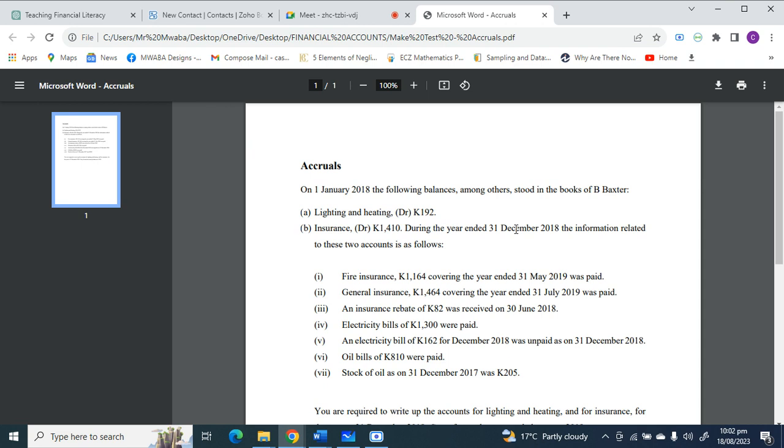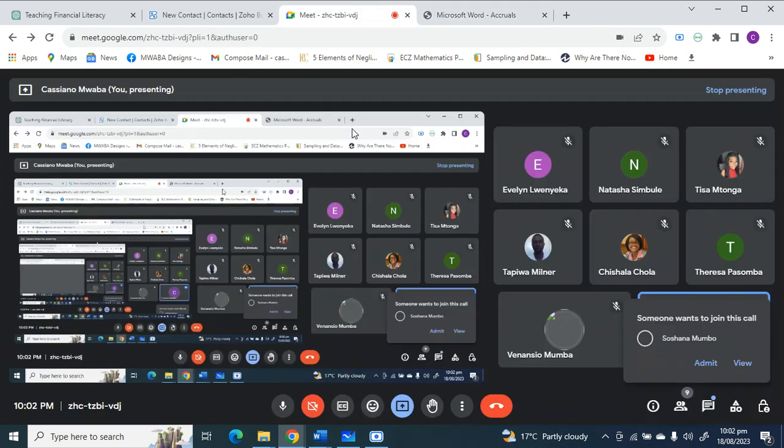During the year ended 31st December 2018, the information related to these accounts is as follows. First information, fire insurance of 1,164 covering the year ended 31st May 2019 was paid. So here, this is a prepayment.